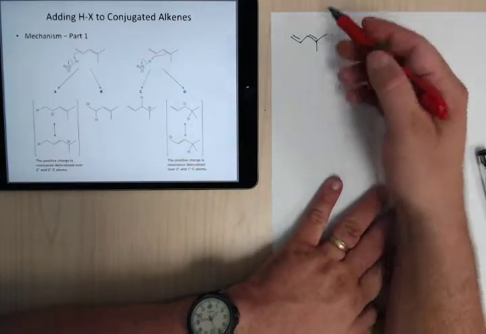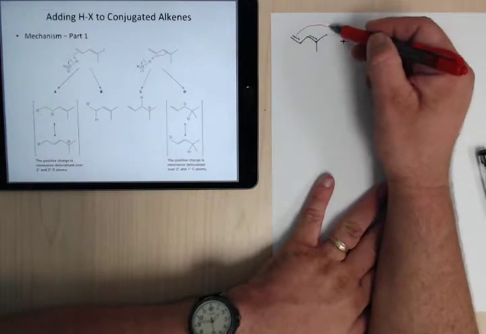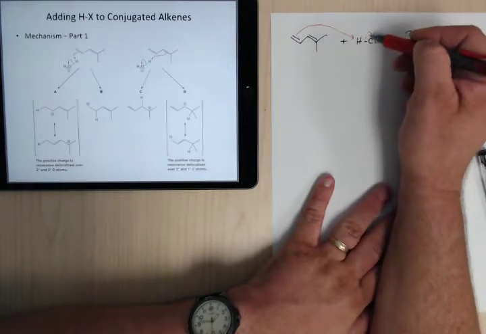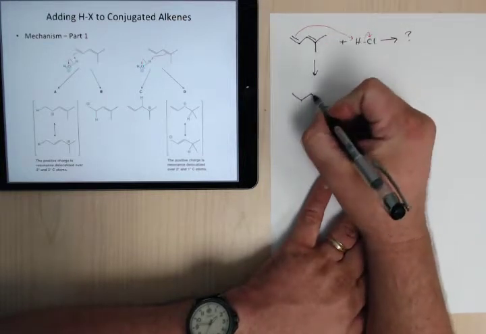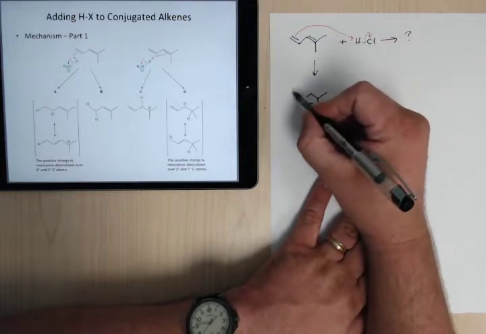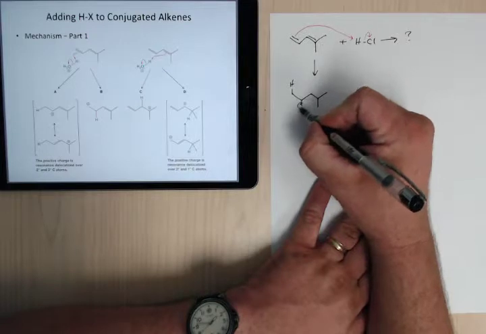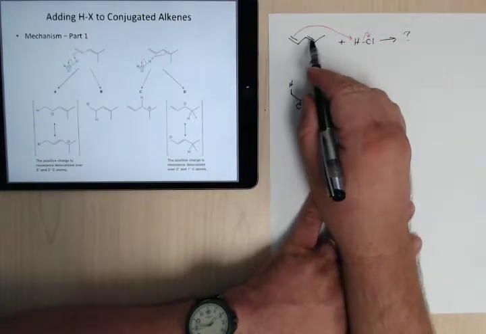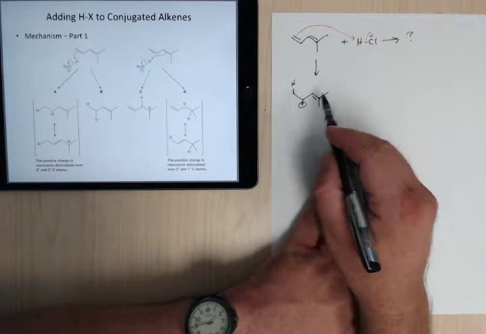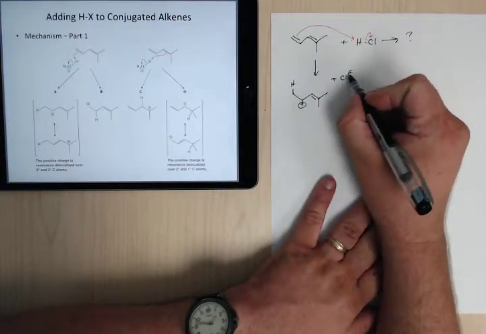This is on the left, so we'll try this one first. It's going to react here, over there. We're going to want to put that hydrogen in there so that the positive charge goes next to the double bond. We didn't do anything with that double bond. It's still there, plus Cl minus.